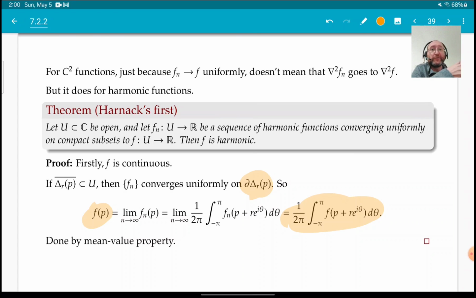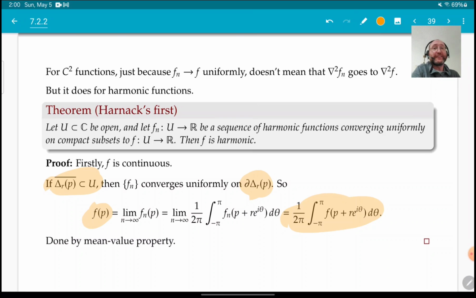Basically, what we've proved is that the capital R of p is as big as you want. As long as the disk fits in U, that's all we need. So we've proved for all disks that fit in U, we have the mean value property, and therefore f is harmonic.